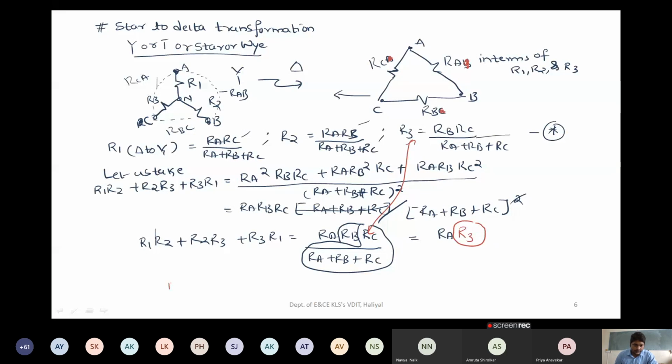RA equals R1 into R2 plus R2 into R3 plus R3 into R1, whole divided by this R3 value. I can simplify this as R1 into R2 divided by R3, plus R2 plus R1. So this will be the definition for RA.